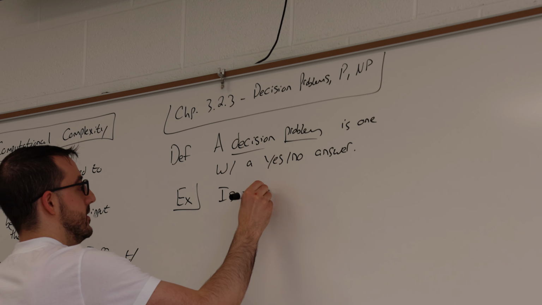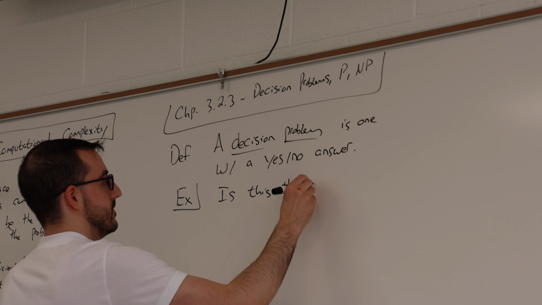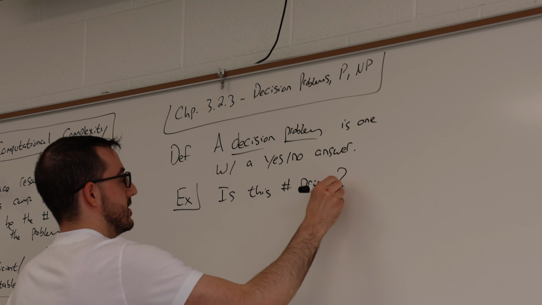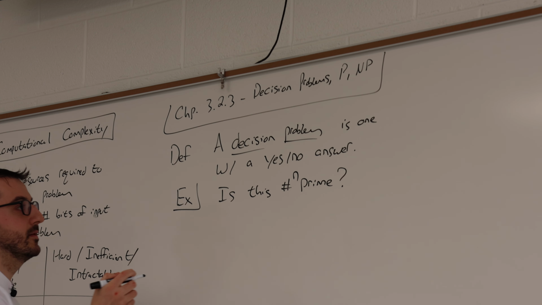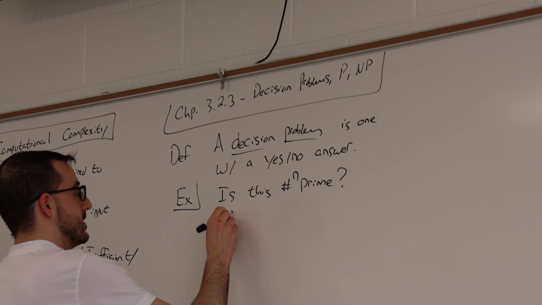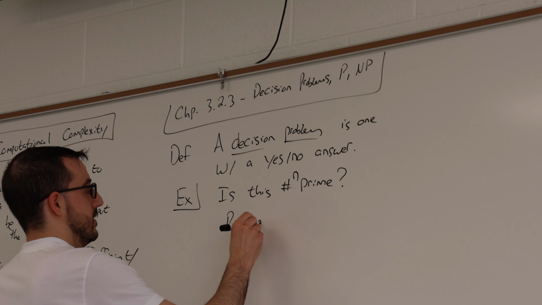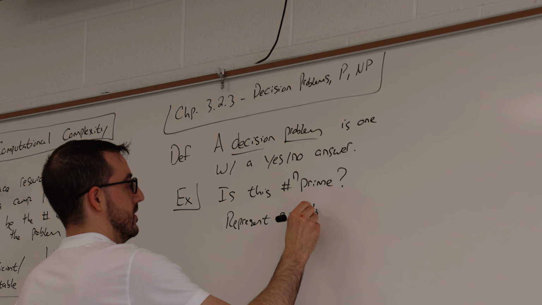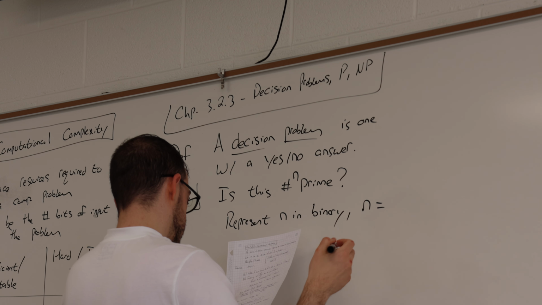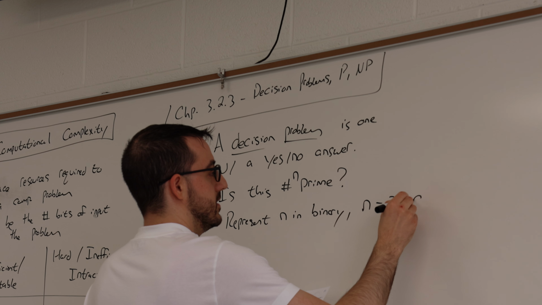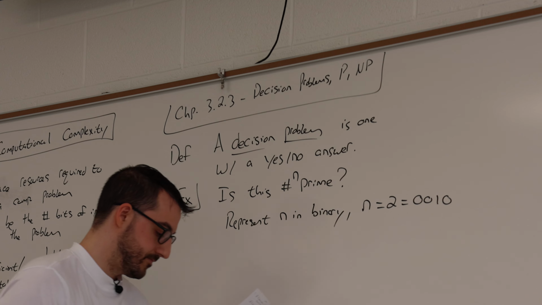Is this number prime? Let's call that number n. And how could we get some traction on this? We could represent n in binary. For example, n being, let's use a small number, 2, 0, 0, 1, 0.